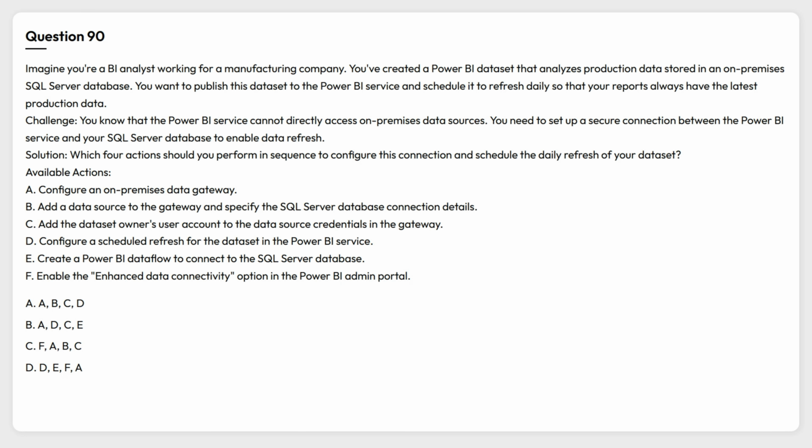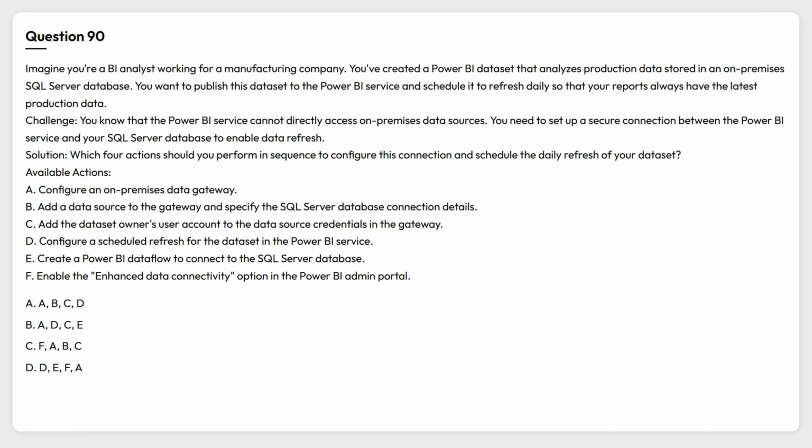D. Configure a scheduled refresh for the dataset in the Power BI service. E. Create a Power BI data flow to connect to the SQL Server database. F. Enable the enhanced data connectivity option in the Power BI admin portal.